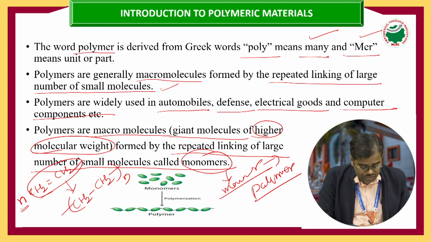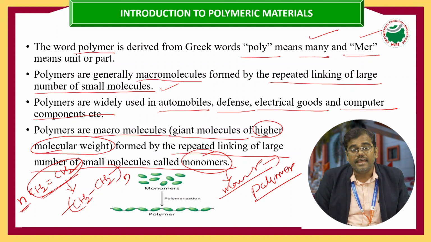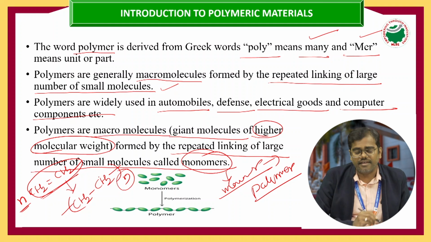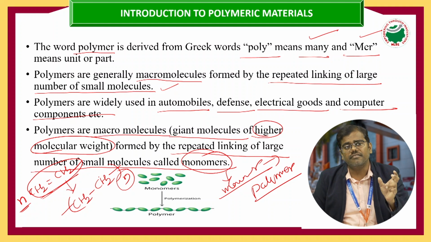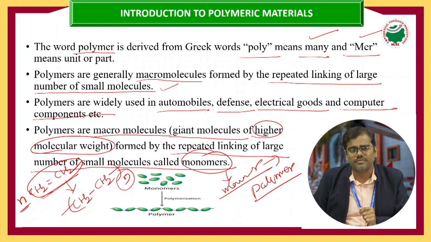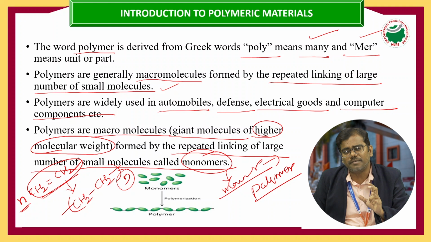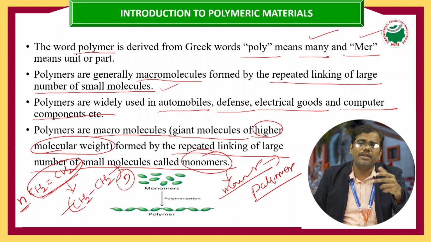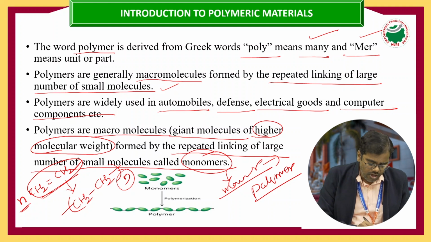If you take N moles of ethylene, then what is the degree of polymerization? The degree of polymerization is N. We represent the degree of polymerization by small n, and it depends upon the concentration of monomers.